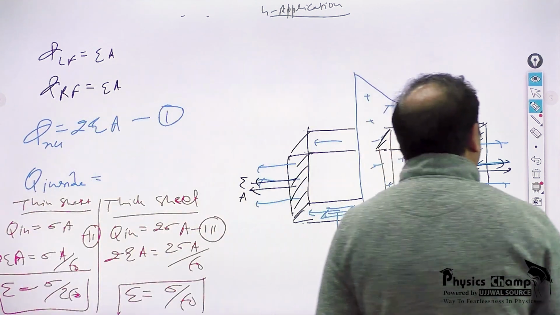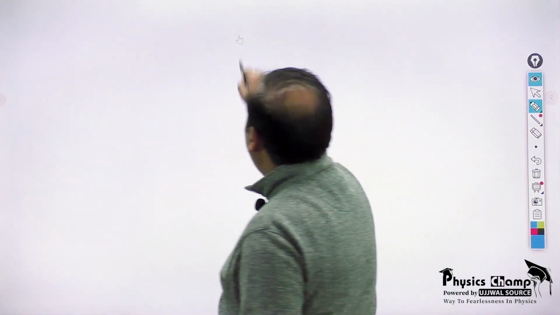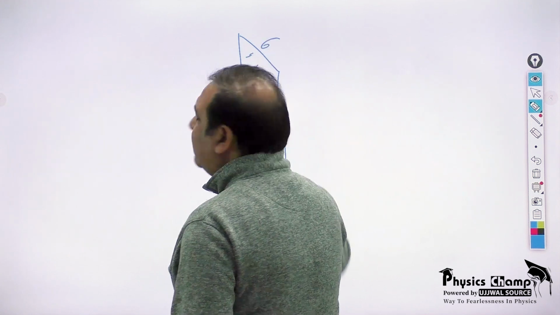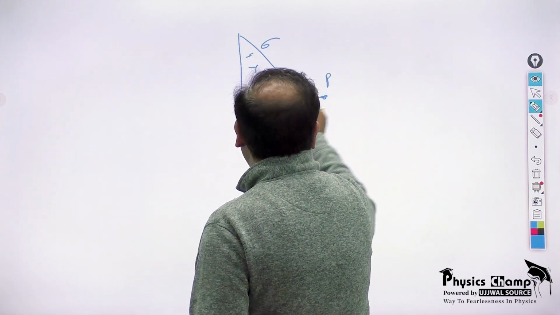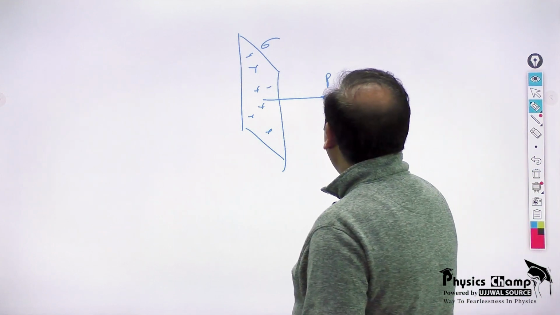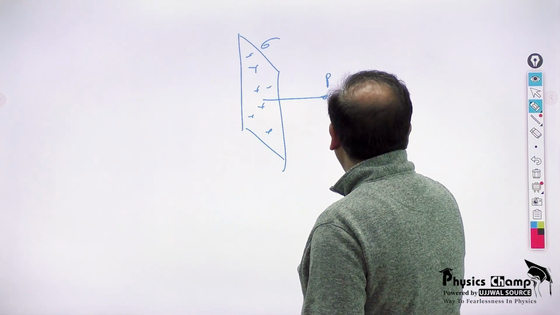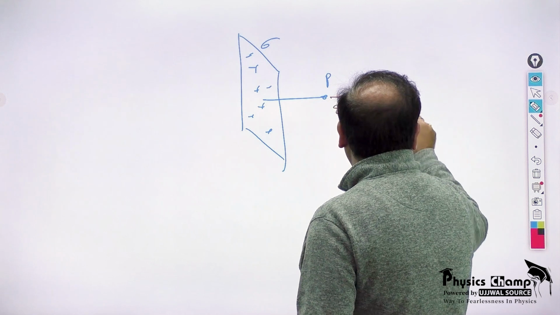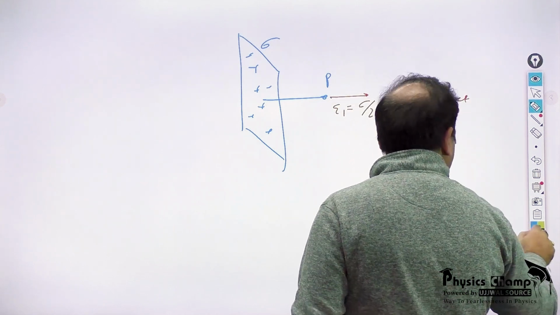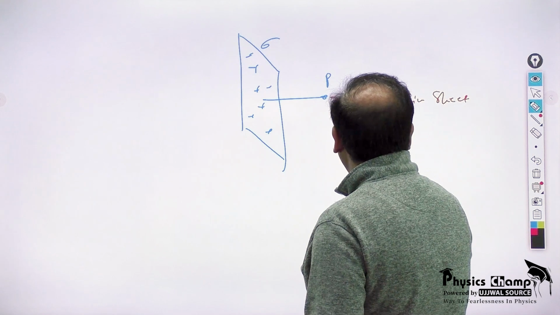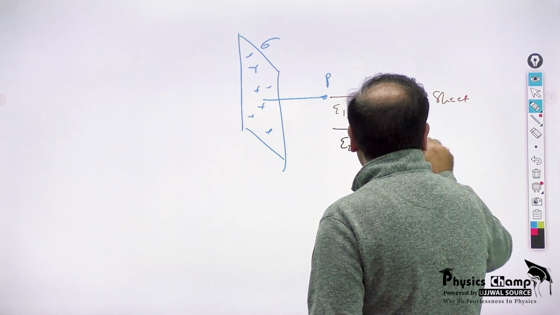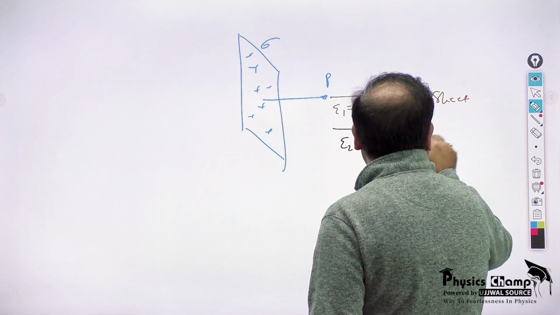So I am writing the result once again to you. The result is you have a sheet of charge which has a charge density sigma, and due to this you are looking for the electric field at a point P. The electric field will have a value sigma by 2 epsilon naught if it is a thin sheet, and sigma by epsilon naught if it is the case of a thick sheet.